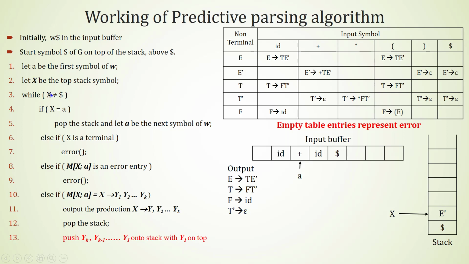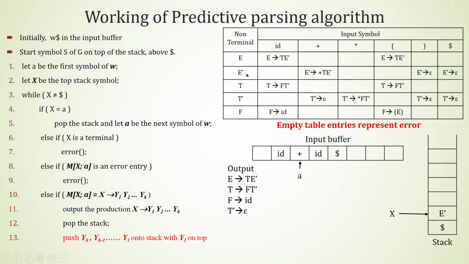Again we will check the condition. X is not equal to $ because X is E'. X equal to A is also false because A is plus, X is E'. X is a terminal is also false. Then we have to check whether the E', plus entry is empty or not.